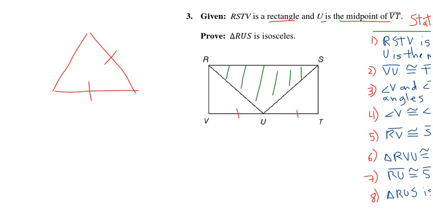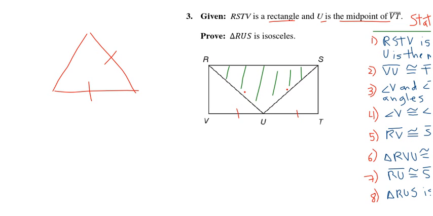So our job really here is to show that this piece is congruent to this piece. If we show that these two segments are congruent, then we will conclude that this is an isosceles triangle.